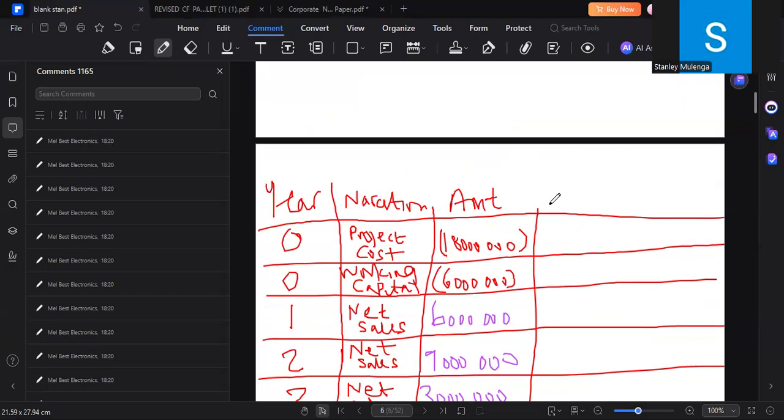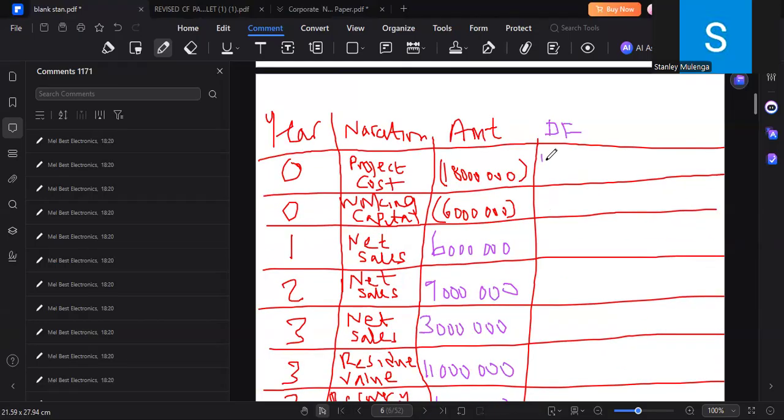So this is the discount factor: 1.3 to the power negative 0. So 1.3 to the power negative 0 is actually what?